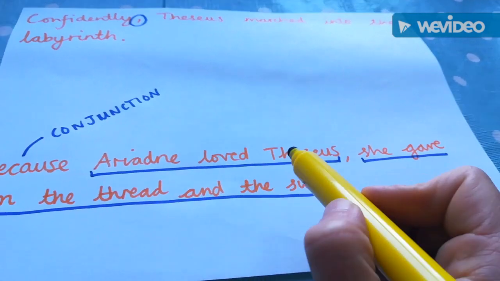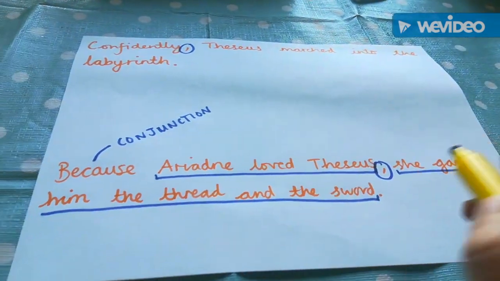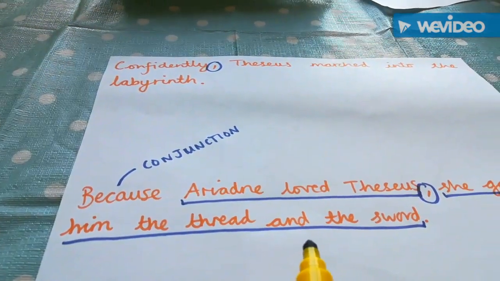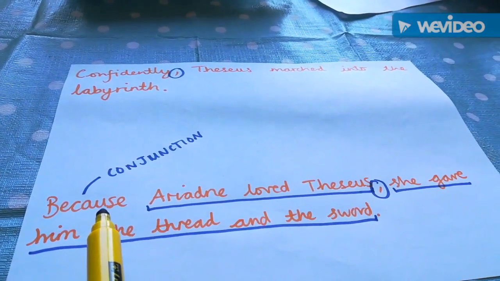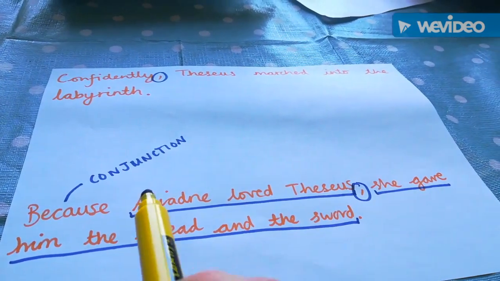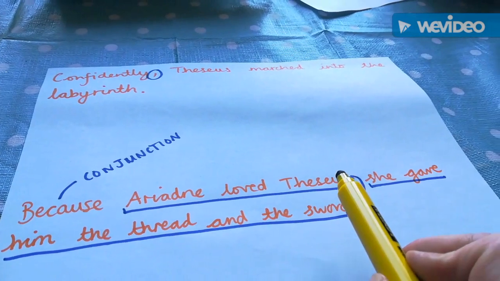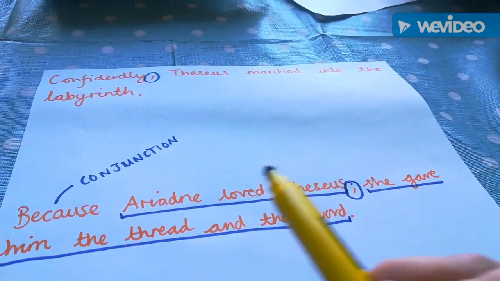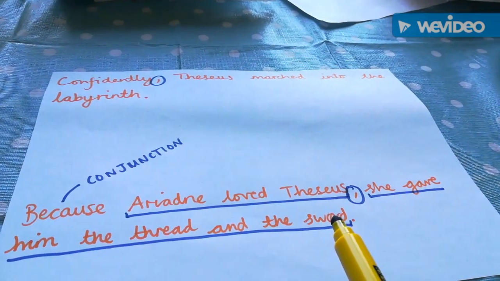Because Ariadne loved Theseus, comma, she gave him the thread and the sword. Now remember, your conjunction is a joining word that joins two parts of the sentence, or clauses, together. So this is one part of the sentence here, Ariadne loved Theseus, or one clause. And this is another part of the sentence, or clause, she gave him the thread and the sword.